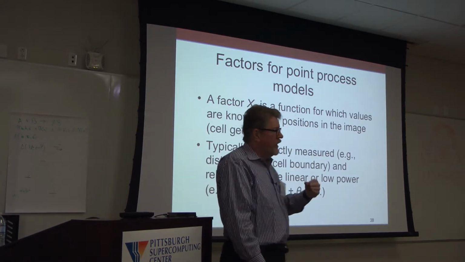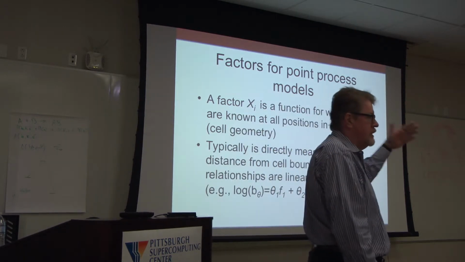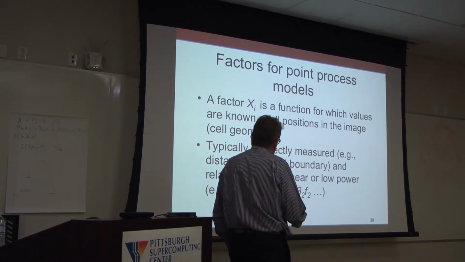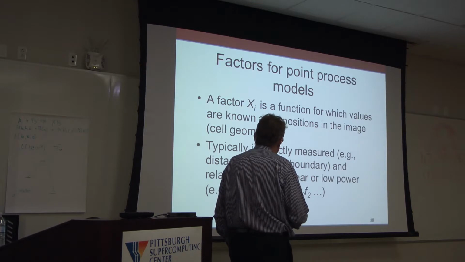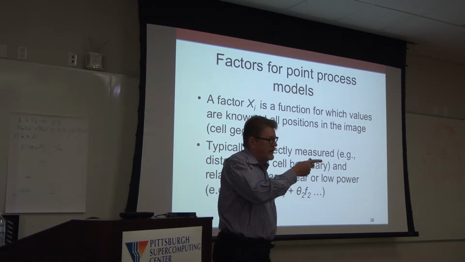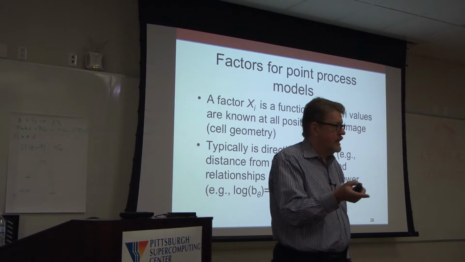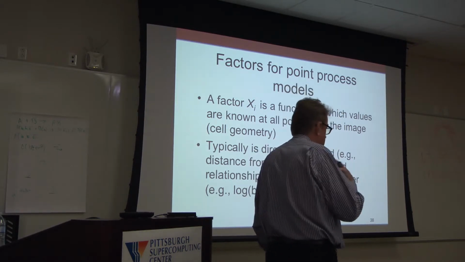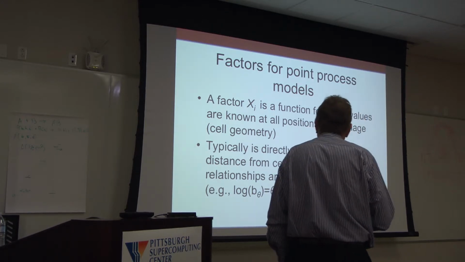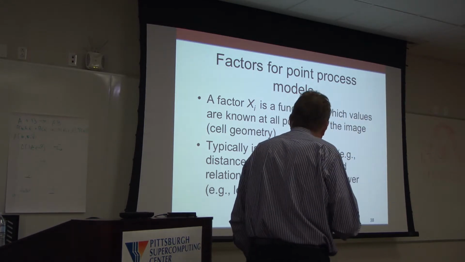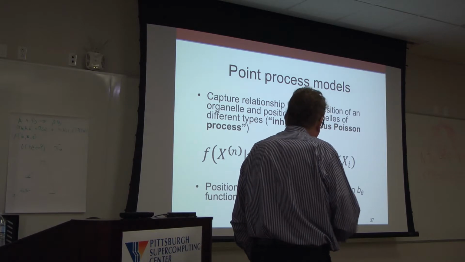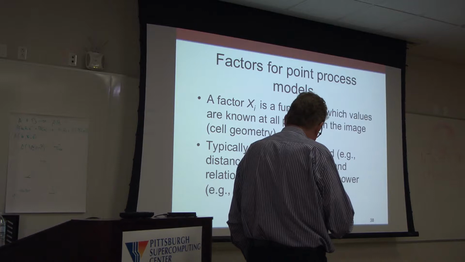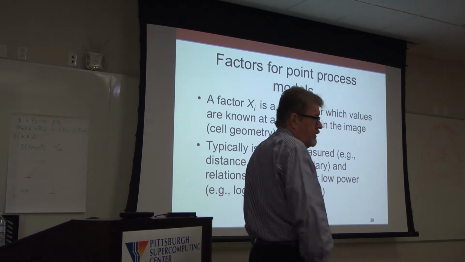The factors are the things that the coordinates are going to depend on. Okay? And those factors are going to be things like the distance from the cell boundary, the distance from the nucleus boundary, the distance from the nearest microtubule, and the average microtubule intensity or something like that. And so this B, we're going to build up from these various factors and various parameters.